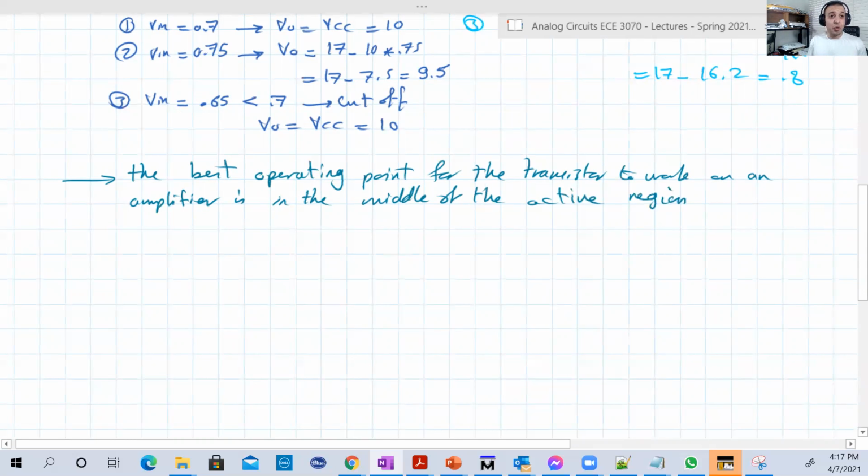So you're gonna have what's called maximum swing in the output.